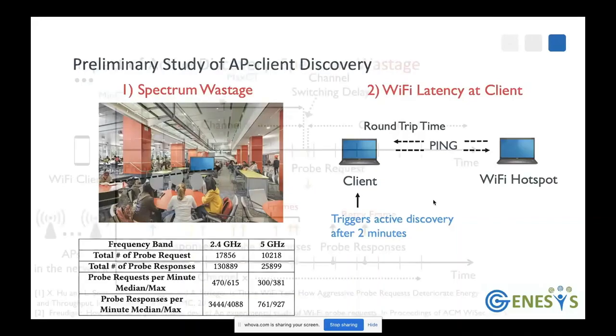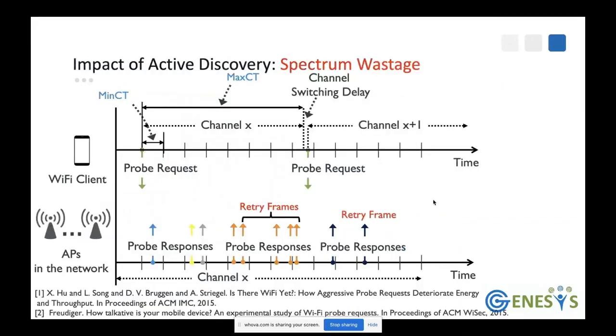Now, let's try to understand the impact of active discovery in terms of spectrum wastage. Probably this looks like a very complex diagram, but let me simplify it. We have a Wi-Fi client which is trying to discover an access point. There are multiple access points in the network. Let's imagine that these are a group of APs operating on channel number X. To search for an access point, the client sends a special management packet called a probe request.